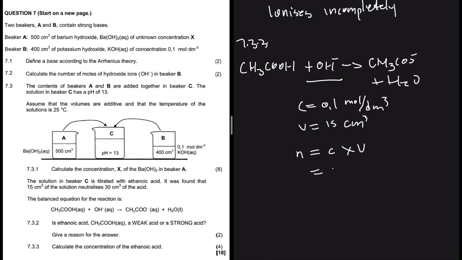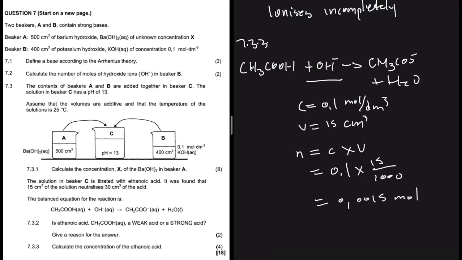The concentration is 0.1 and the volume is given as 15 cm³. So that will be 0.1 multiplied by 15 divided by 1000. We divided by 1000 because we convert to dm³. That will give us 0.0015 moles, right?